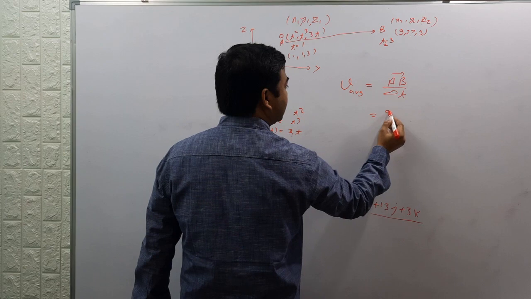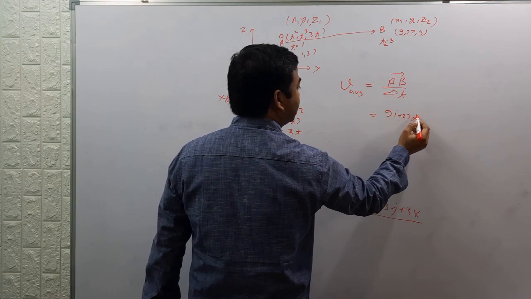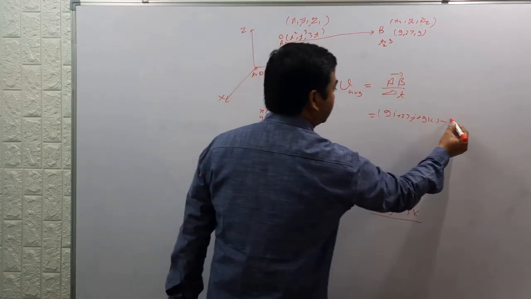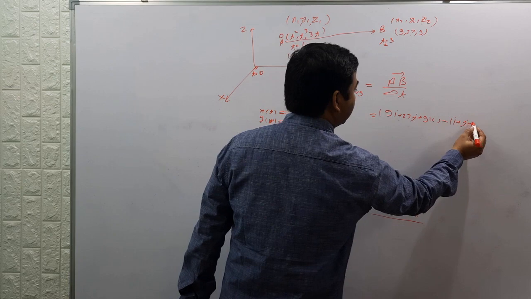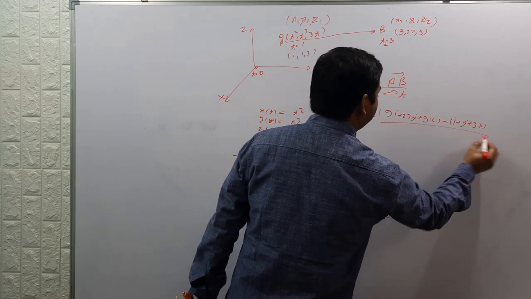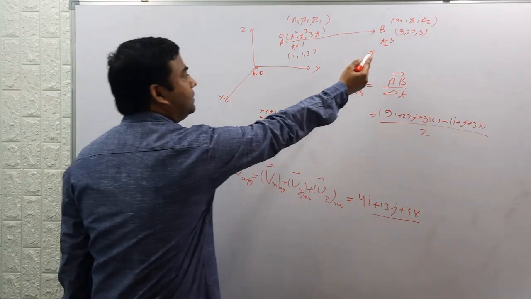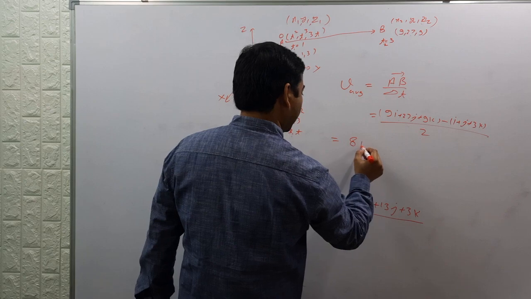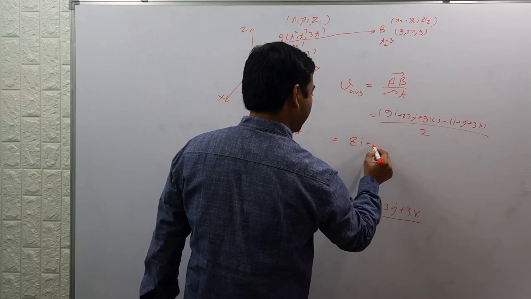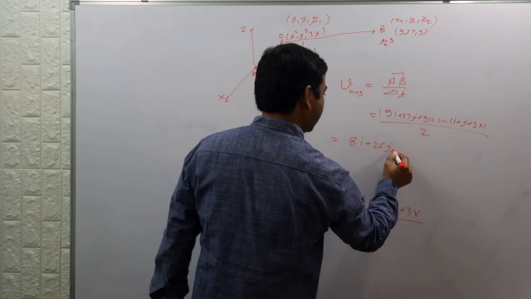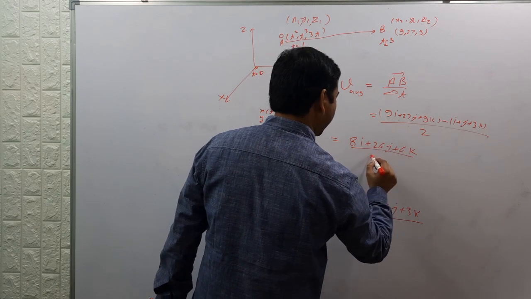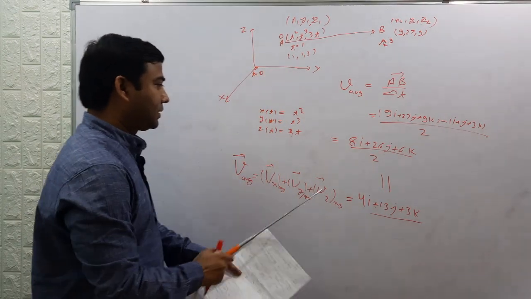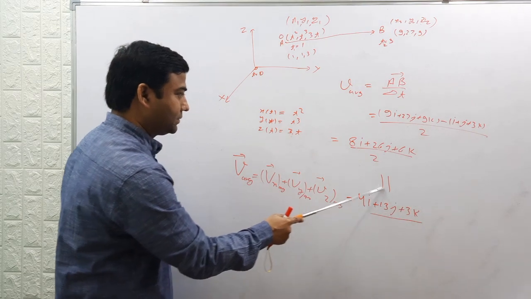So the position vector of B is 9i plus 27j plus 9k, minus the position vector of A, i plus j plus 3k, divided by delta T, which is 3 minus 1, that is 2. So this will be 8i plus 26j plus 6k divided by 2, and this is the same. After dividing by 2 you will get this vector.